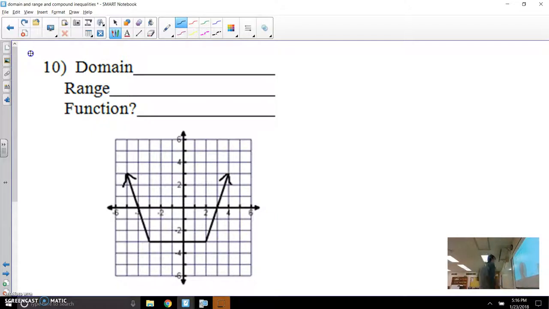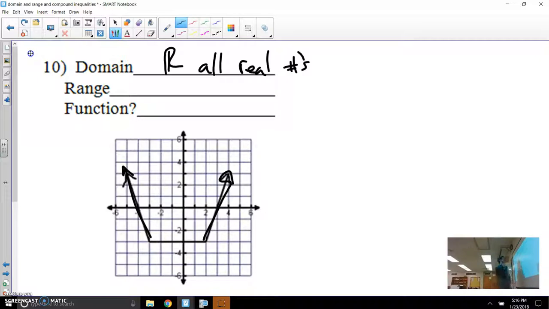All right, so another one that I'm seeing is shooting out to the left and shooting out to the right. That tells me not only that they go up forever, but because they are angled out, they go left and right forever. So again, I hope you're thinking about all real numbers as an answer. Hashtag numbers. Okay.